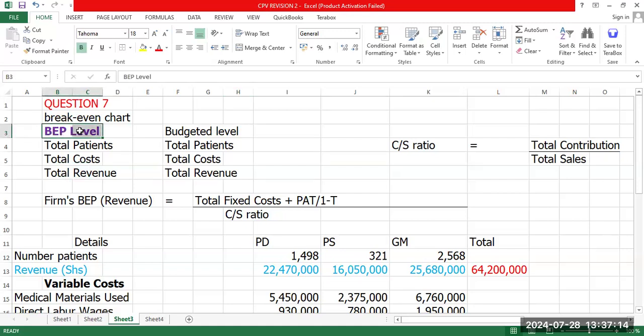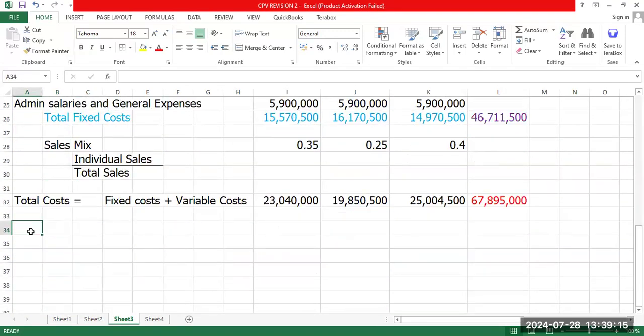So it means the best approach is now to first know the variable costs per patient. That's what I am thinking about.